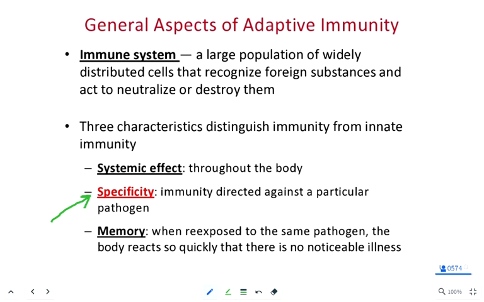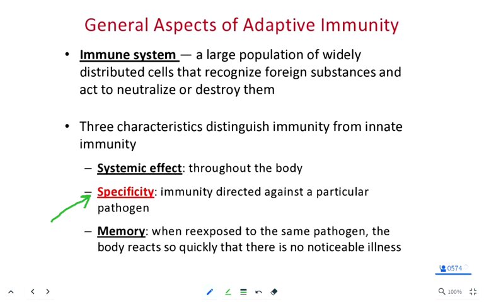This is the primary reason why every year there's a new flu shot, because the influenza virus keeps playing mix and match with its H proteins and N proteins to change up how it appears to our immune system. So our immune system needs to constantly develop a new specific immune response to that new variation of the influenza virus.